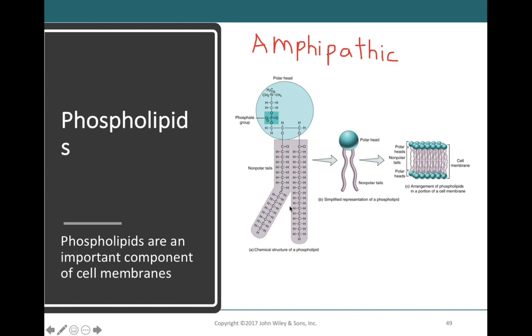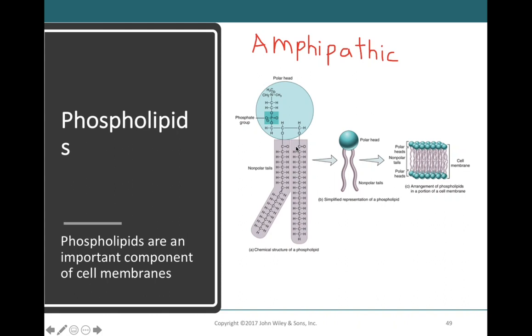Remember, nonpolar molecules are going to have lots of different hydrogens, and they're going to have equal charges throughout their entire structure, while polar molecules are going to have an unequal distribution and sharing of charges throughout the molecule. So this head up here of our phospholipid is going to be polar, and these tails are going to be nonpolar.